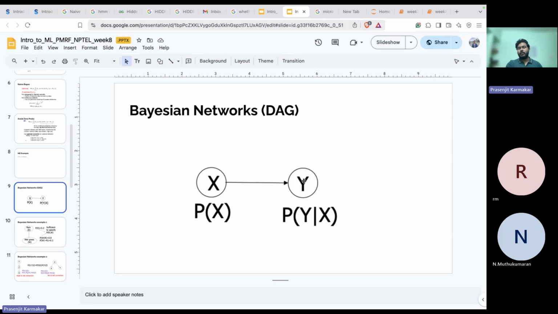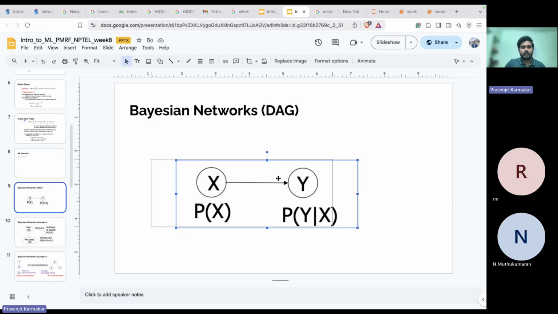Y would only happen with a certain probability given x. So if x happens, there will be a certain probability that y will also happen. Similar to the previous example, there will be mud on the road given there was rain before it. That type of relationship.